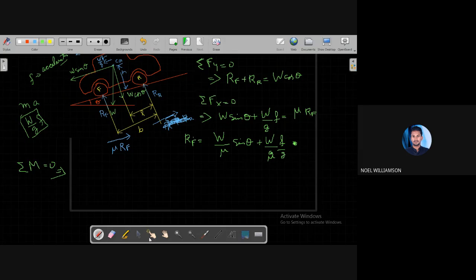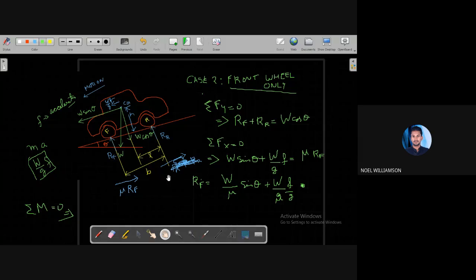So here we will see what the moments are. We are taking the moment about this point, and the forces are RF, RR, W sin theta, W cos theta, and the inertia force W by g into f. The moment due to RR will be 0 because it is passing through the point we are considering.